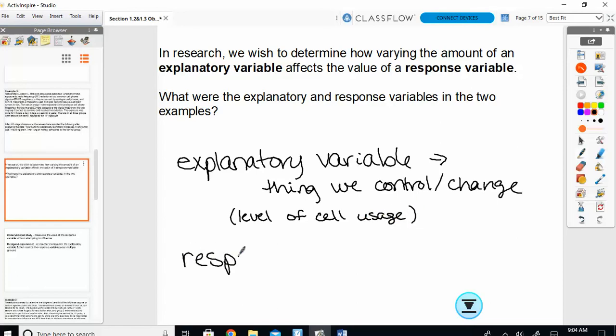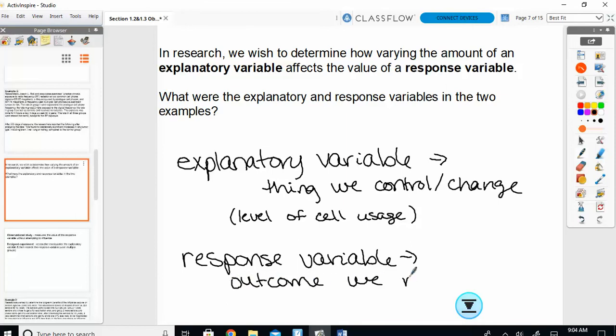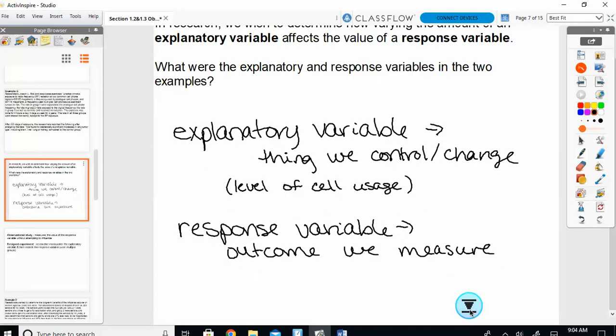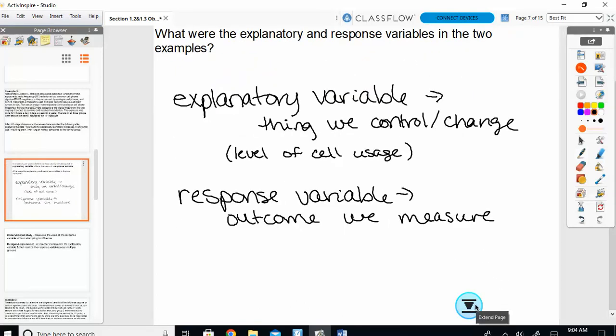So the response is the outcome we are measuring. We manipulate the explanatory variable to see what happens to the response.